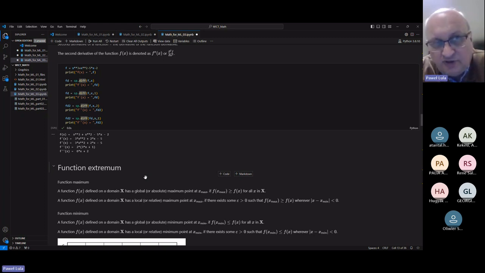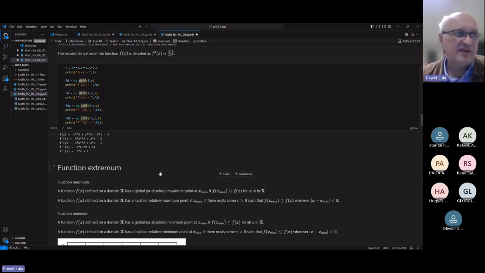And how to do it? Of course, there are a lot of different methods. The majority of these methods are based on this concept of derivatives. How to find a minimal value of a function, or sometimes maximal value of a function.